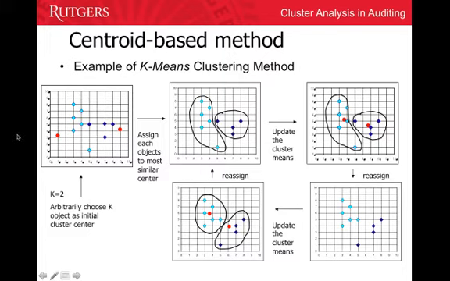Like at the beginning, because these 2 points are selected as the centroids, the clusters in the second stage are like this. So the 2 clusters look like this.